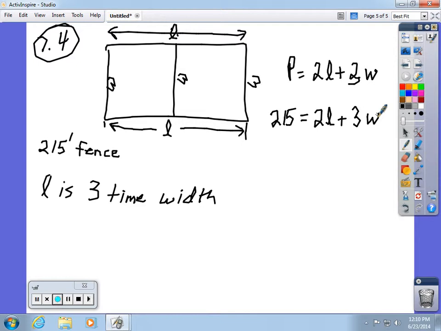But we know something about the length. What do we know? L is equal to 3 times what? So if we know that, we have an equation here that says length is equal to 3W. What can we do with that equation, this 3W? Plug it in for what?